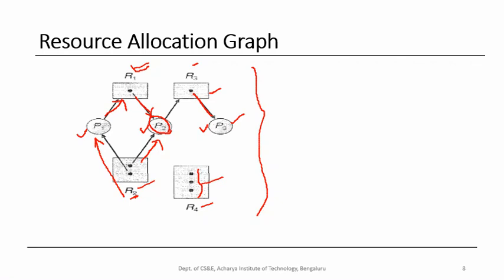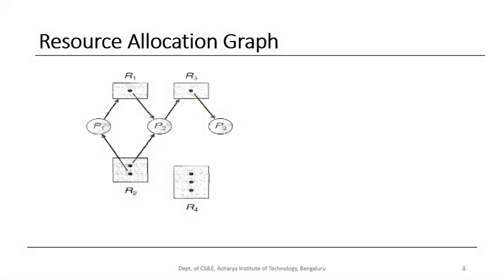Okay, and resources of type R4, these are not being used. Now hope you have understood what a resource allocation graph is, and now we will see what is the use of this kind of resource allocation graph.